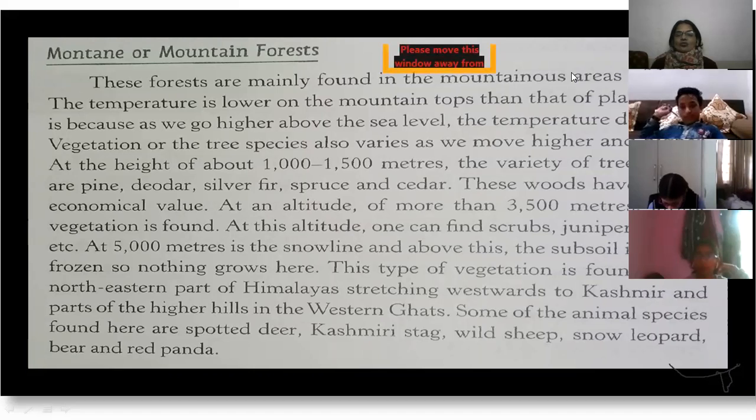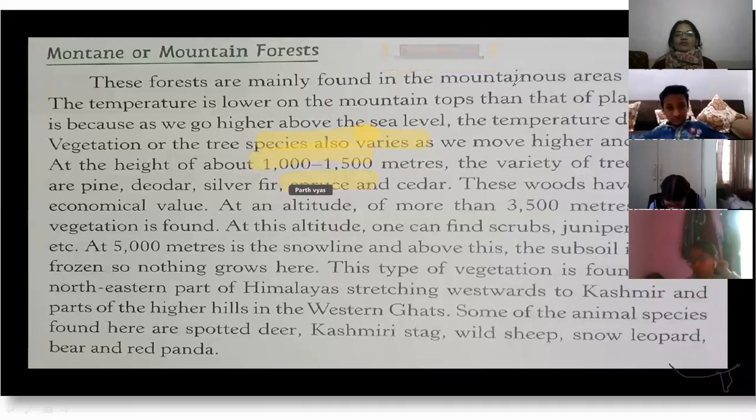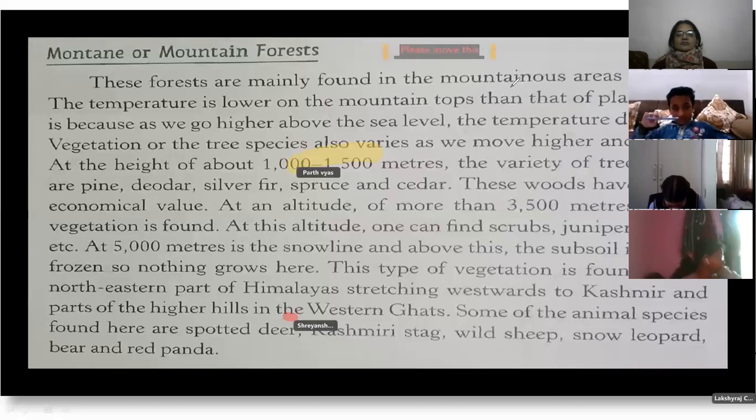The temperature is lower on the mountain tops than on the plains and plateau because as we go higher above sea level, the temperature is low. Vegetation or the tree species also varies. Yes, see, we have gone through different types of vegetation and everywhere we find different types of vegetation. Clear, students?